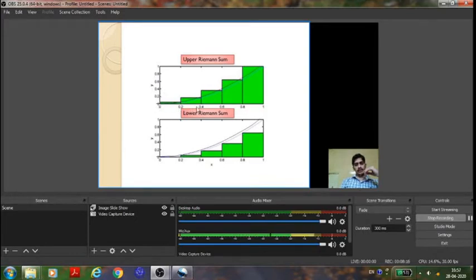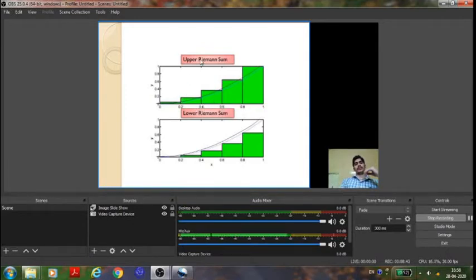You can see here it is 0 and 1, so your interval is 0 comma 1, where a is 0 and b is 1. This interval is partitioned into 5 subintervals: 0 to 0.2, 0.2 to 0.4, and so on.